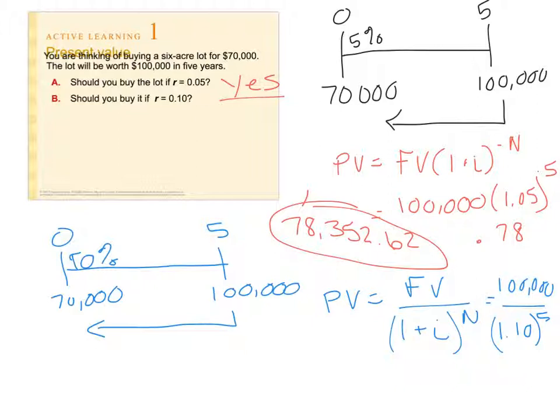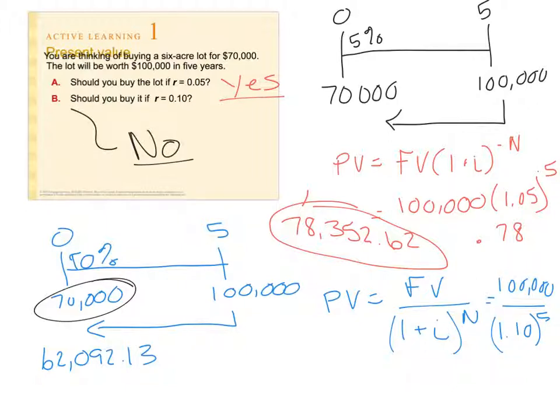I take 100,000, divide that by the 1.61, and I end up with 62,092.13. Which would I rather have? $70,000, definitely, as opposed to $62,000. So B is no, I would definitely not do that.